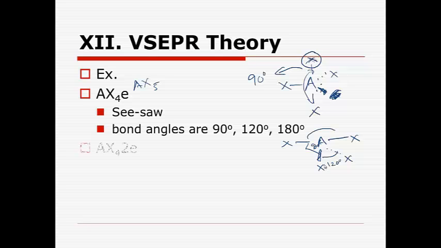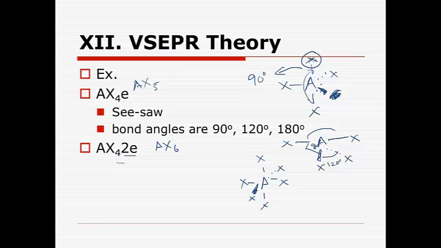Now, AX4E2. So this is based off of 4 plus 2 more electron pairs. So this is AX6. Now AX6 was the octahedral. Now which ones do you take off?